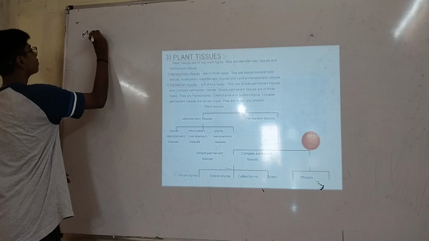Here are apical, intercalary and lateral. In meristematic tissue, apical is present at the tip of a plant, intercalary in between, and at the bottom there will be lateral meristematic tissues.